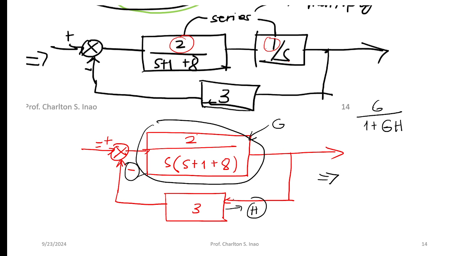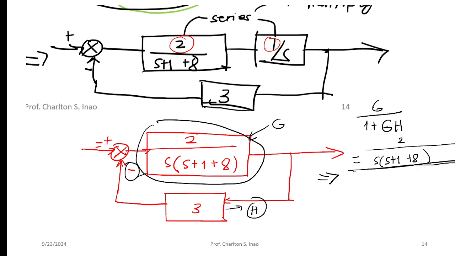This is G. What is H? 3, right? So we're gonna write here 2 over s times s plus 1 plus 8, right? So that is G.